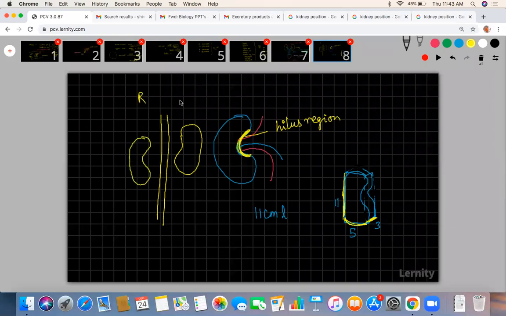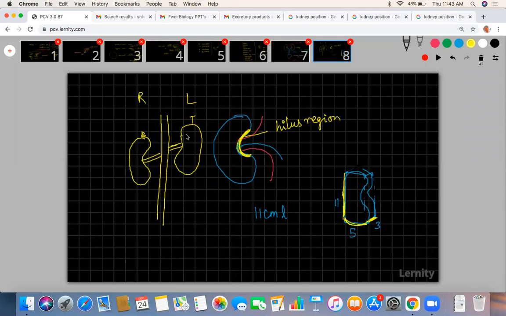This is your right kidney and this is your left kidney. The left kidney is towards the median and it is in the top surface. The right kidney is away from the median and it is there in the bottom side.